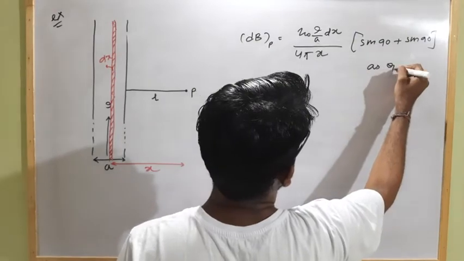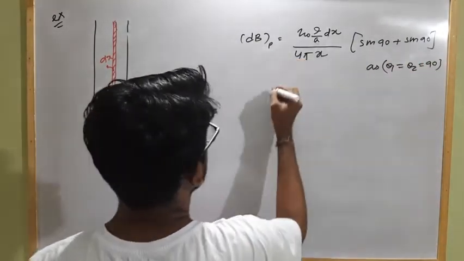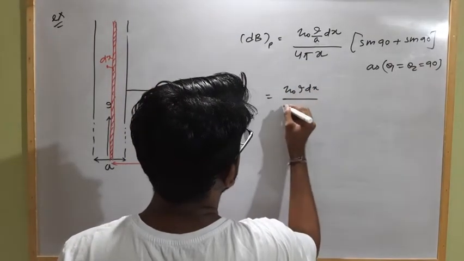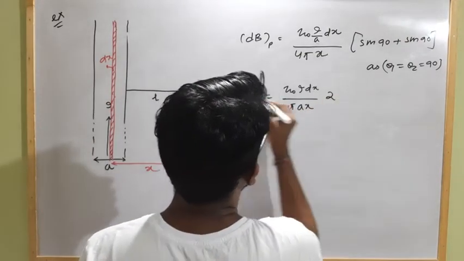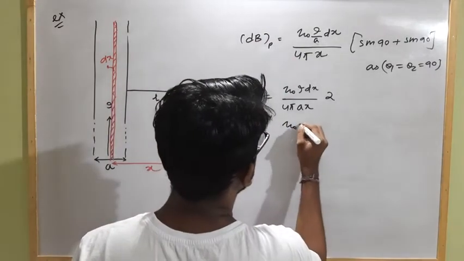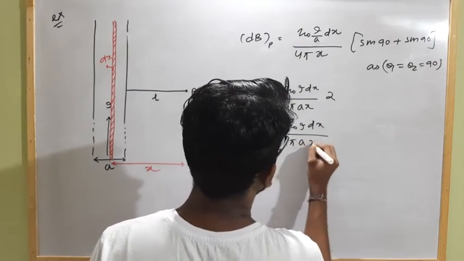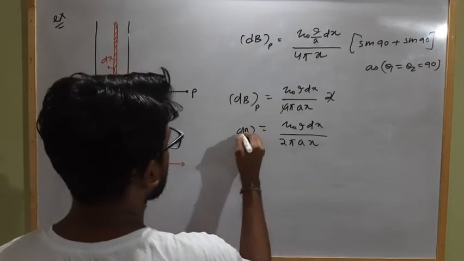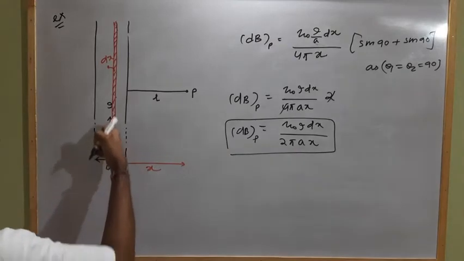As theta 1 equals theta 2 equals 90 for an infinitely long straight conductor, this will become mu naught I dx divided by 4 pi A x into 2, which is dB at P. So this will be mu naught I dx divided by 2 pi A x. The 2 will get cancelled. This is the magnetic field strength at P due to the small infinite segment dx.